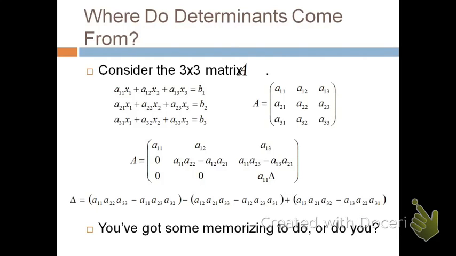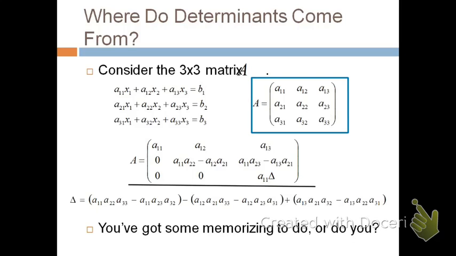Now let's consider the 3 by 3 matrix. If we look at this system of 3 equations and 3 unknowns, we get this coefficient matrix here. As we've done in the previous slide with the 2 by 2, if we put this coefficient matrix into RREF, then we have a system that looks like this.